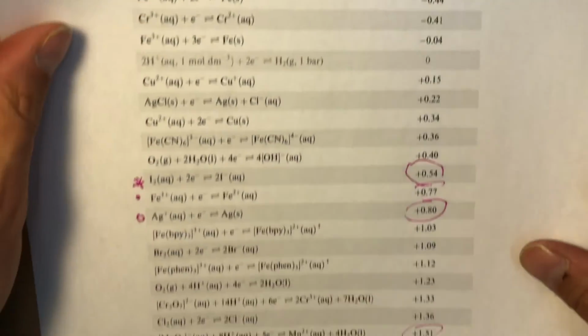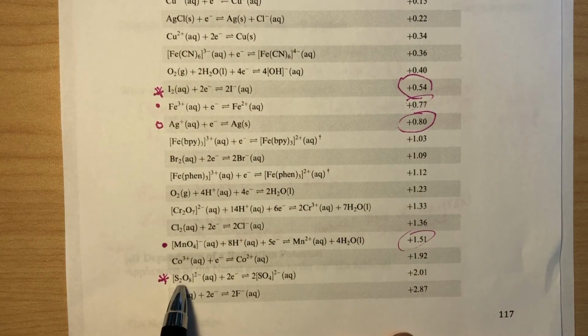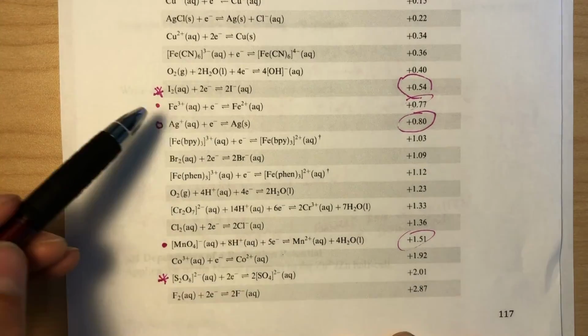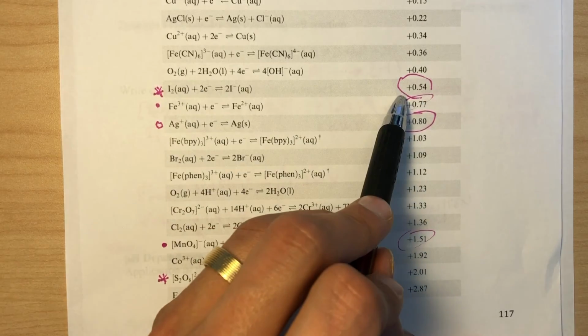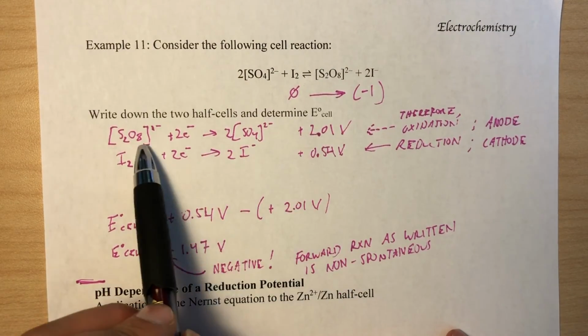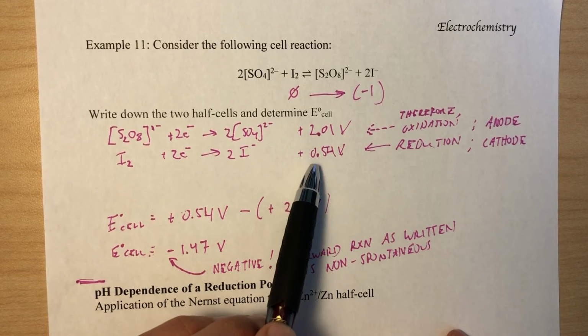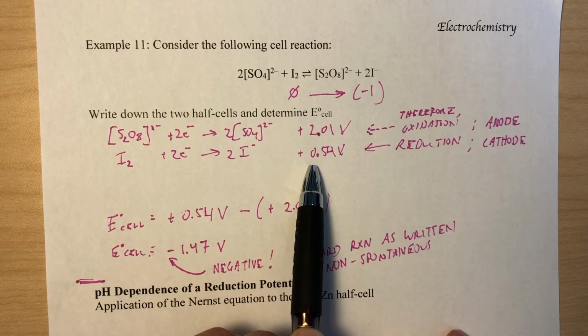So we go to page 117, and we find that our sulfur reduction potential is positive 2.01 volts, and our iodine reduction potential is positive 0.54 volts. So we record those values here, and we get the sulfur reaction has a reduction potential of 2.01 volts, and the iodine reaction has a reduction potential of 0.54 volts.